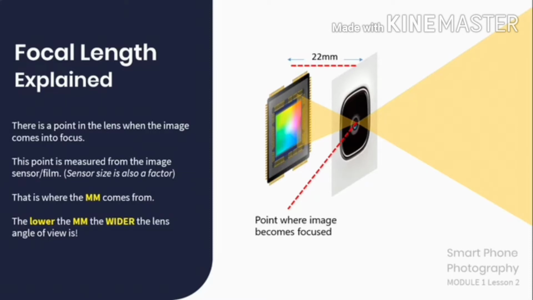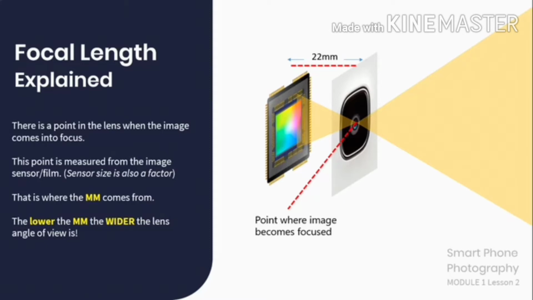Now, within phones, because phones are so small, anytime you see millimeters written, it's an equivalency to a full frame camera, a standard DSLR camera. So for example, when we see 22 millimeters, that's the distance between the point where the image comes into focus and the image sensor, but on our phones it's unlikely that there's going to be 22 millimeters of room in such a small space.